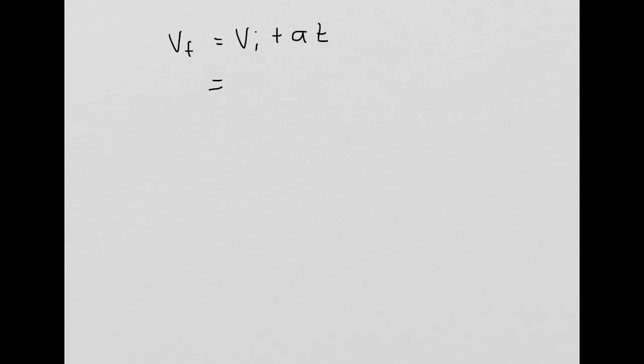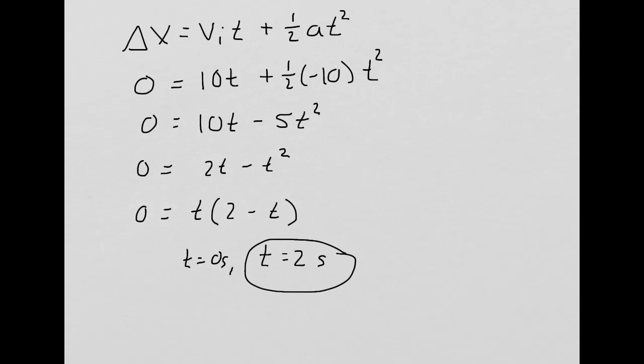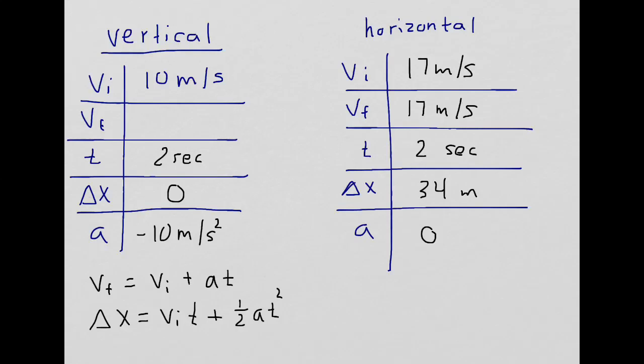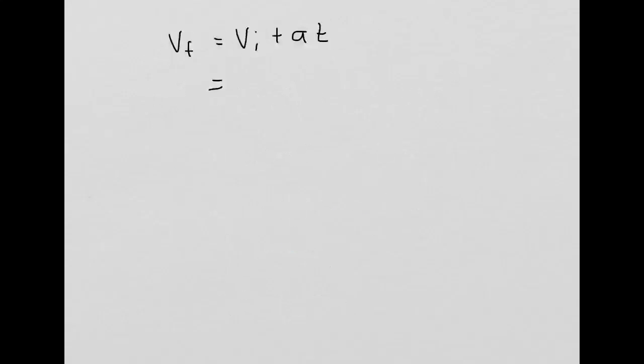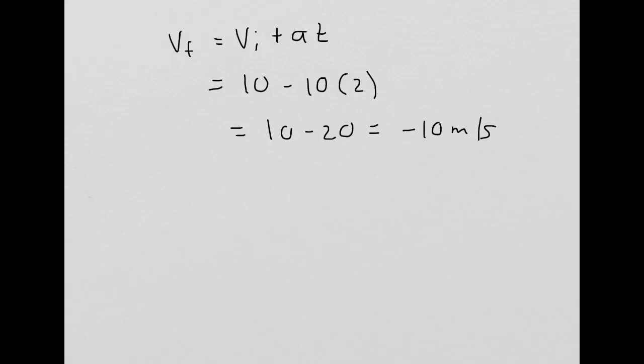With respect to the vertical, we know that initial velocity is 10 and acceleration is negative 10 meters per second squared. We know time is now 2 seconds. So I can say 10 minus 10 times 2. 10 minus 20 equals negative 10 meters per second.